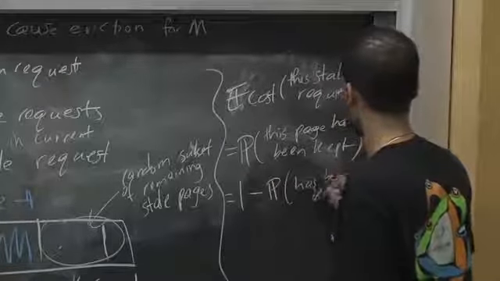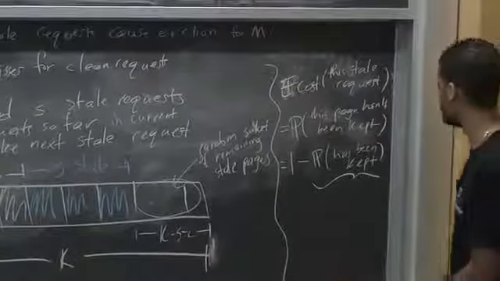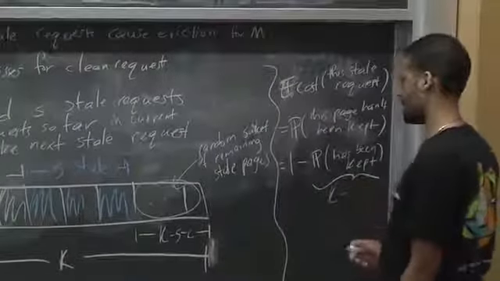And what's this? Well, initially at the very beginning of the phase, there were k stale pages, right? All the pages from the last phase. So what's the chance that our one page is one of the k minus S minus C pages that are left? This is just k minus S.